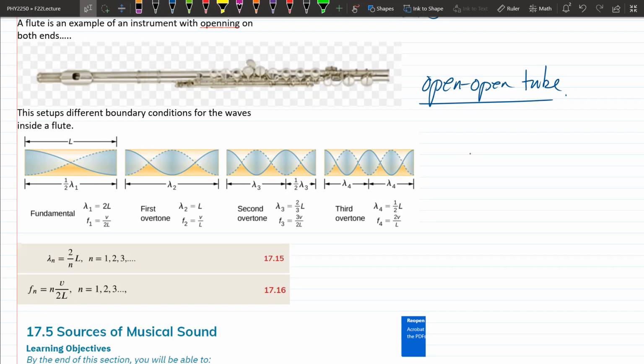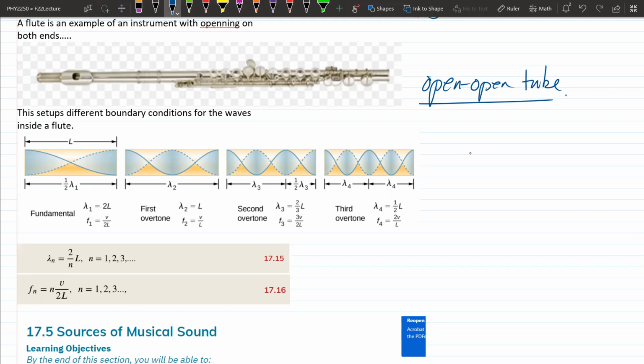So in this case, instead of only 1/4 of a wavelength fitting here, it's actually always a half a wavelength that fits in here. Do you see that? Because if I extend this out, this is half a wavelength, and that completes the wave. I can even do it to the left here.